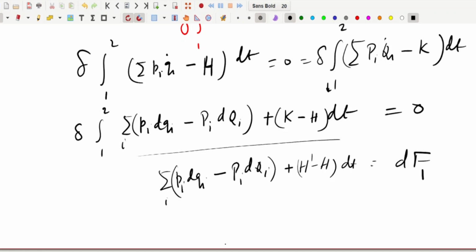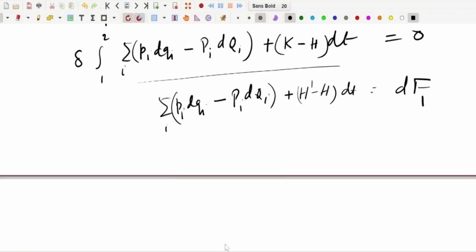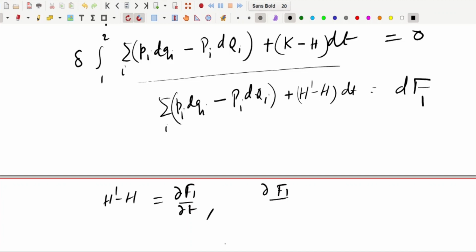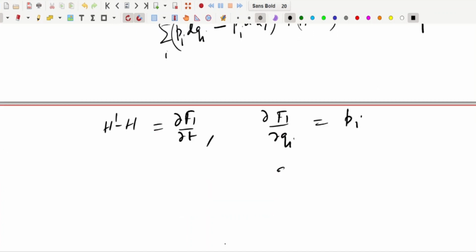And from this condition we find that K minus H will be del F1 del t, and del F1 del qi will be pi, and del F1 del Qi will be minus Pi.